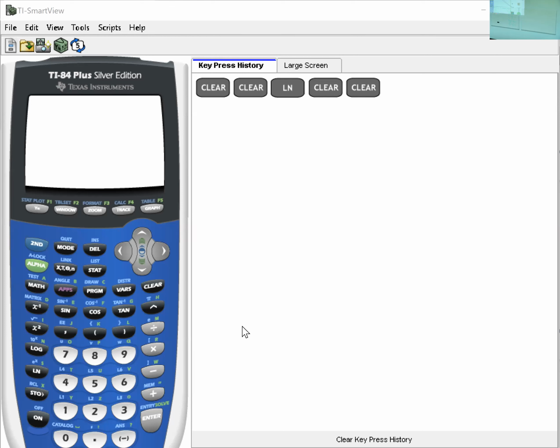So to change the mode from rectangular to polar, how do we change from degrees mode to radians, or radians to degrees? What did we do? No, the calculator.